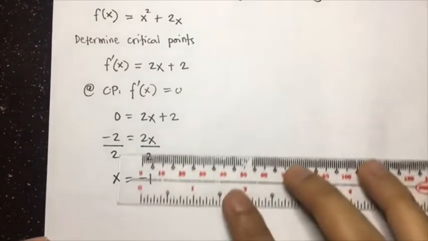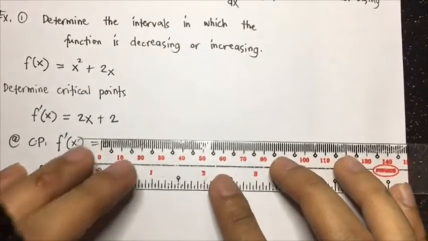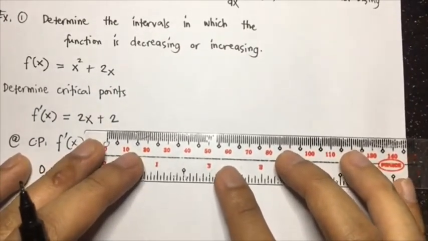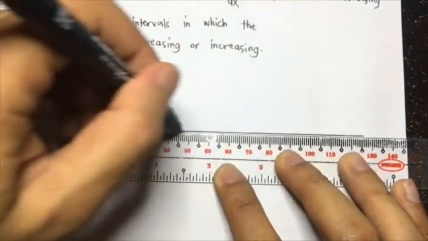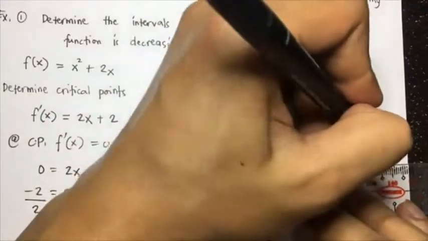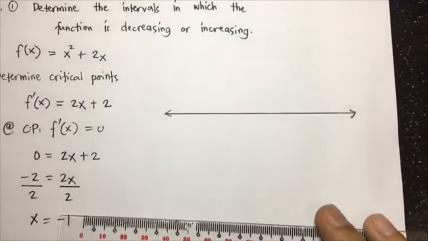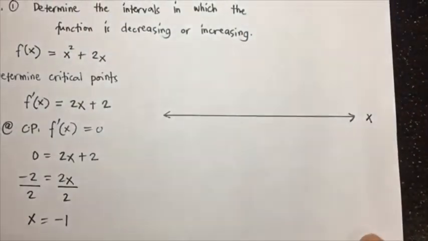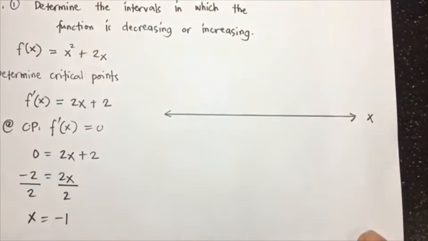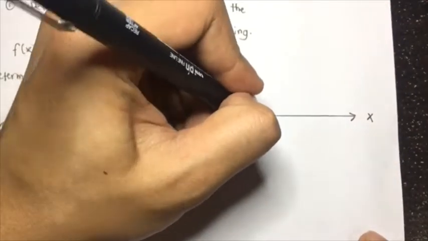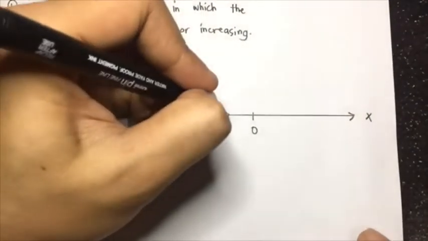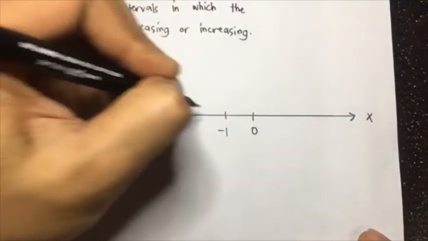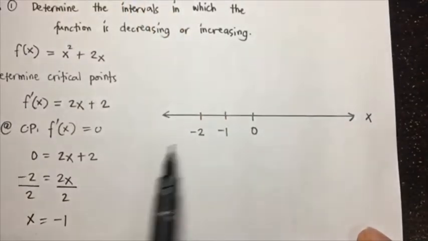Okay, so when we find the critical point, then we will create a number line, which will act as our interval. So this is x. First we will mark x is equal to negative 1. So say for example, this is our 0, and then this is our negative 1, negative 2, and so on.